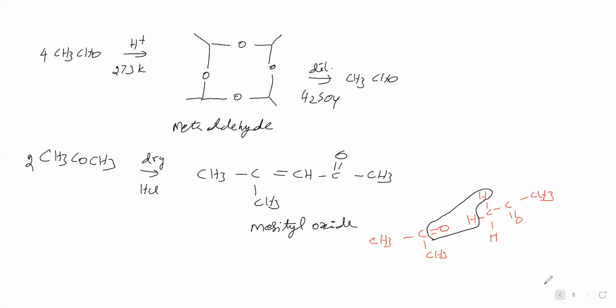Acetone with dry HCl gas gives mesityl oxide. Another possibility is there with the dry HCl. Now we will see another possibility with dry HCl.